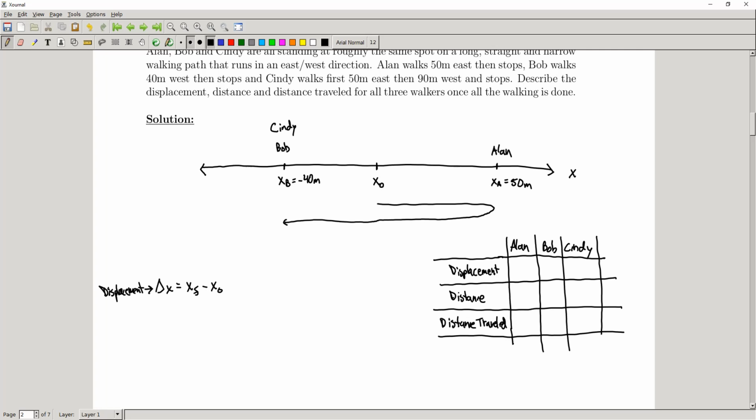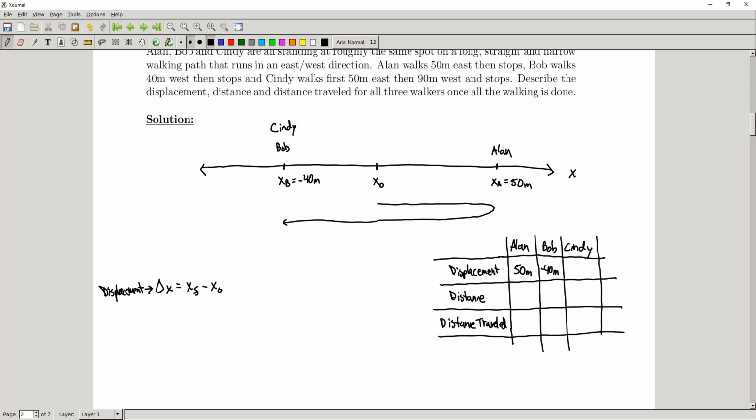Okay. And so his final position is 50 meters. His initial position was 0 meters. 50 minus 0 gives us 50 meters. For Bob, he started off at 0 meters and ended up at minus 40 meters. And so his displacement is minus 40 minus 0, which is simply minus 40.